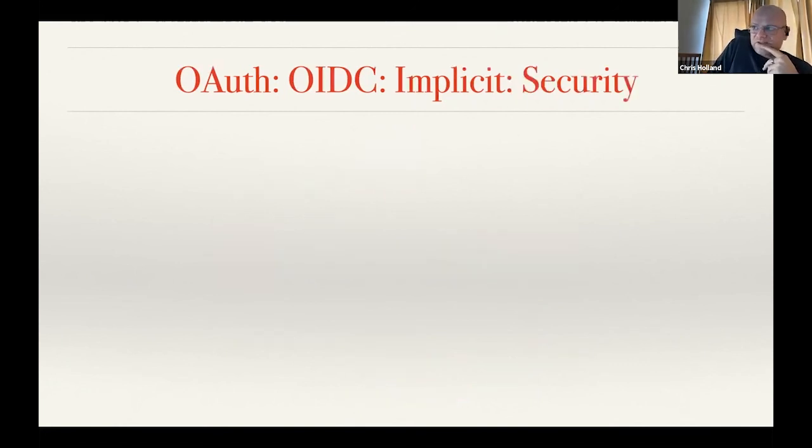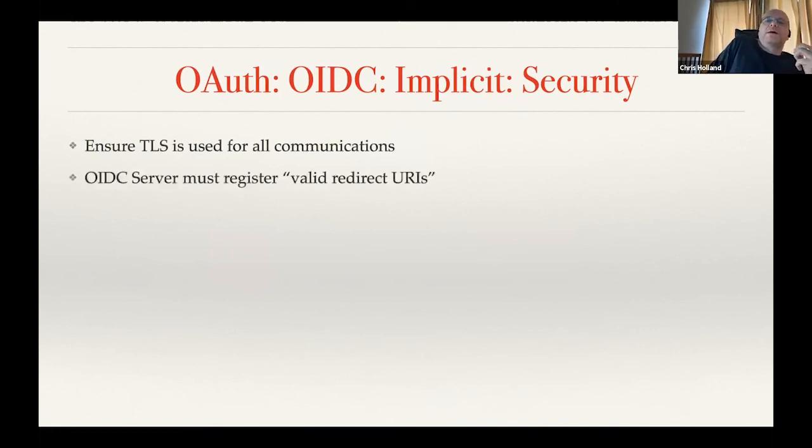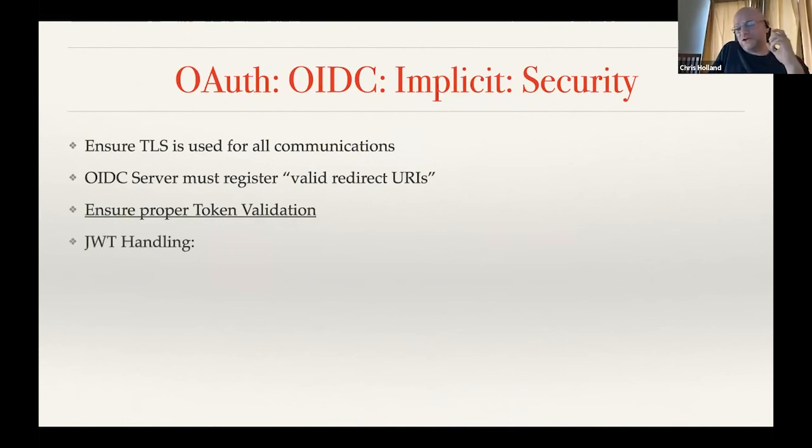Okay, so if you're working with OIDC, there are some high-level best practices. Ensure you're using TLS for all communication channels. If you're working with an OIDC server, make sure you register the proper redirect URLs. I have a link here on ensuring proper token validation. There are JWT tokens, pronounced JOT tokens, and there are some best practices there as well.